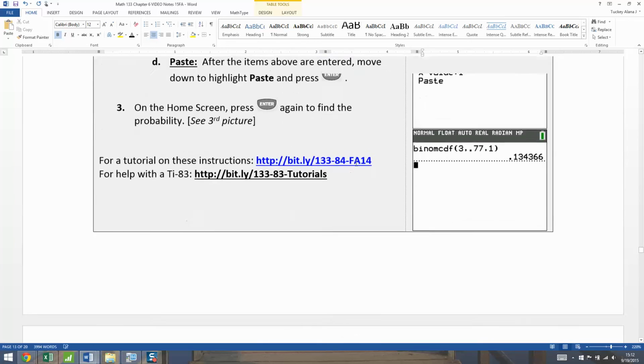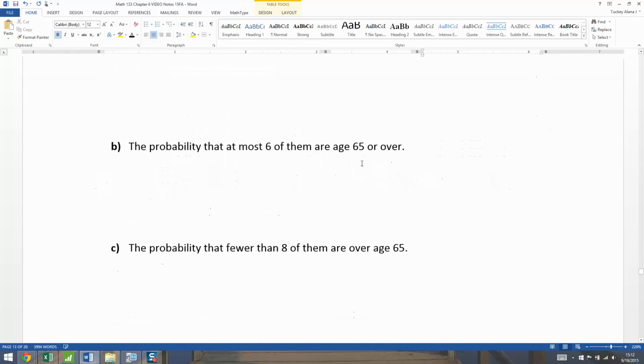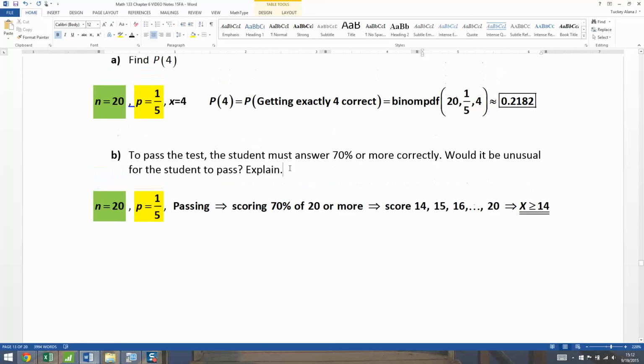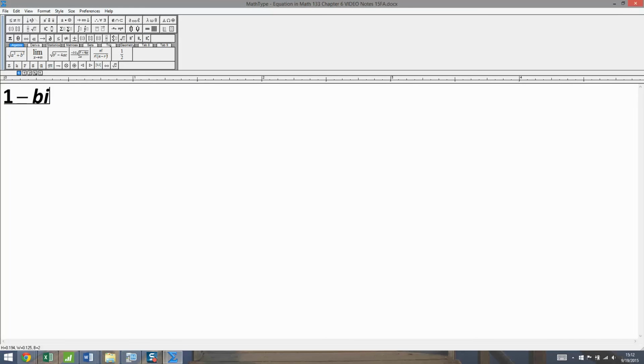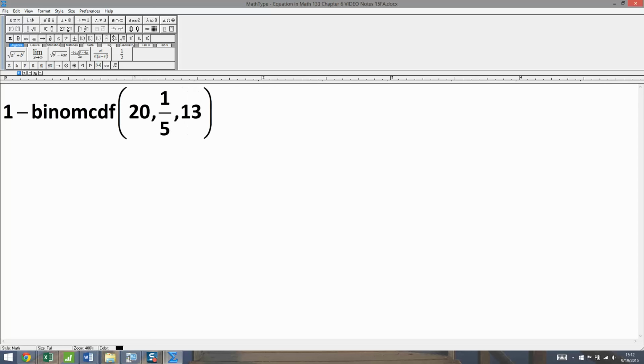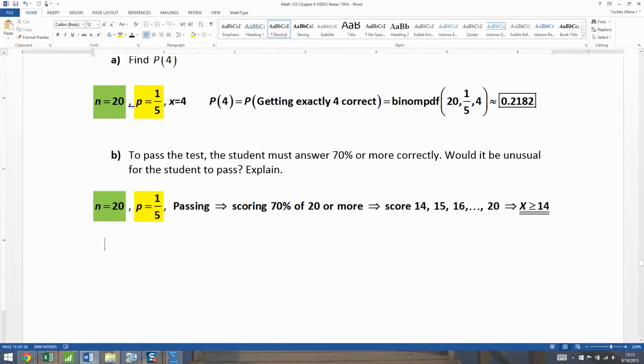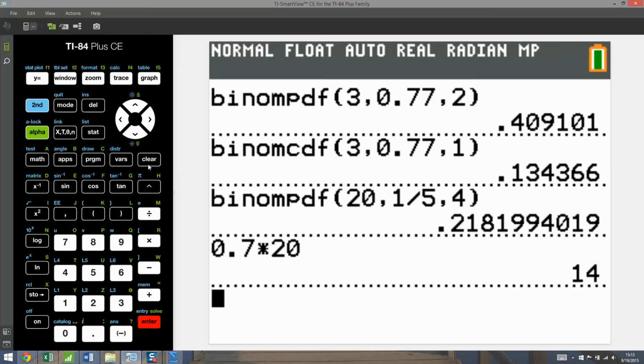All right, so let me go back down and type that in. Oop, gone too far. There it is. Okay. So it's 1 minus binom CDF 20, comma, 0.2. Oh, let me just do 1/5 there, comma, and then we want to do 13, right? You want to do 14, take away 1. Okay, so let me grab a calculator.